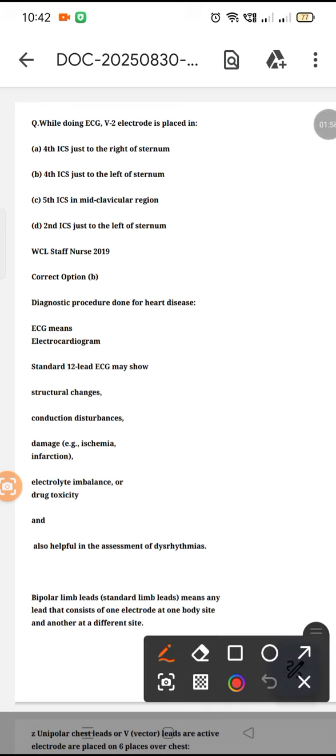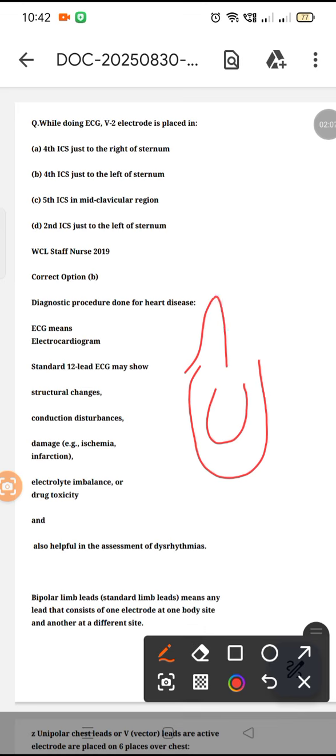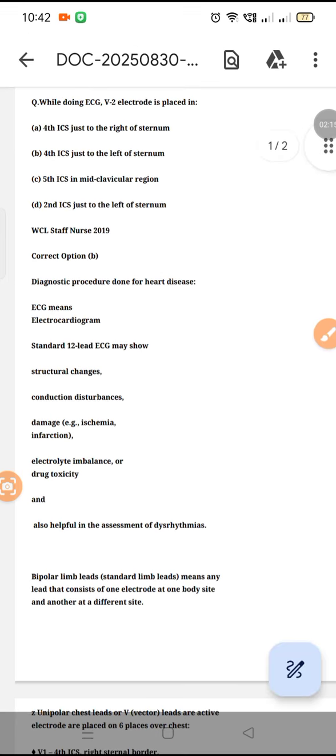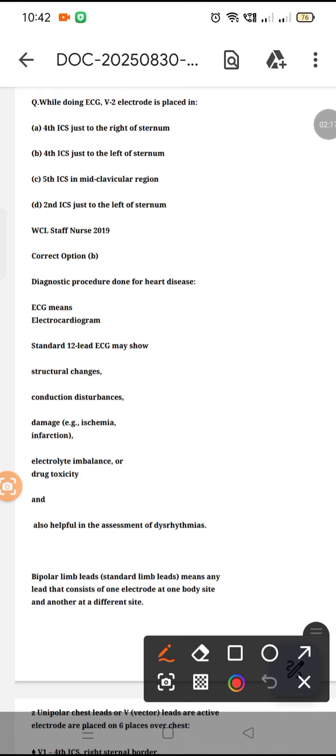Conduction disorders, hypertrophy: if the heart is hypertrophied, the ECG will look like this, so some variations will be there. Damages like ischemia, MI, infarction changes can also be seen.